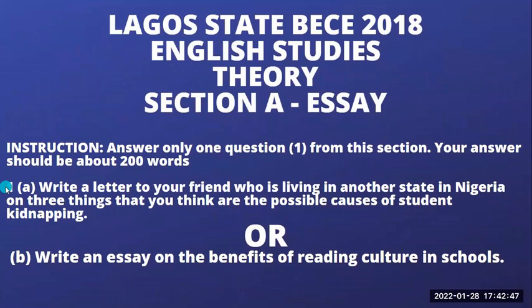Then we have 1A, write a letter to your friend who is living in another state in Nigeria on 3 things that you think are the possible causes of student kidnapping. Of course, we have already treated this question in a separate video. Then the B part is write an essay on the benefits of reading culture in schools. And this is the topic we want to discuss in today's lesson.